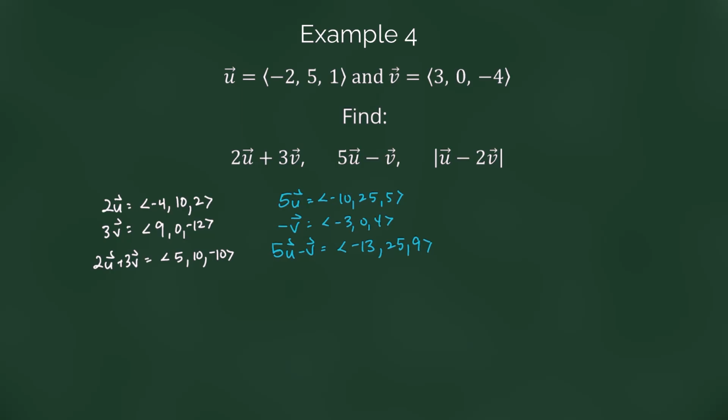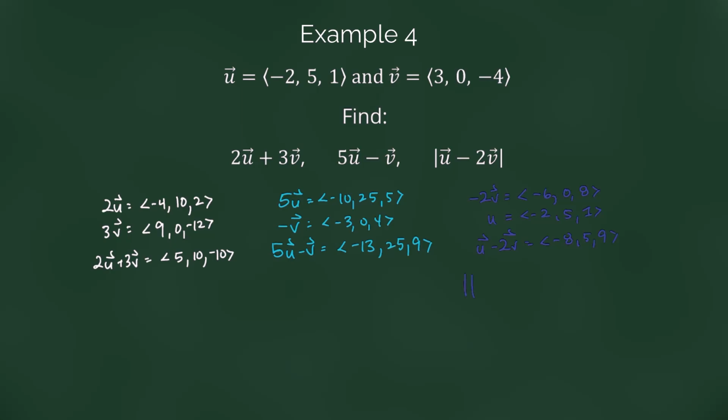Last one asks us to actually compute the magnitude of the vector u minus 2v. So minus 2v looks like negative 6, 0, 8. When we combine that with the vector u, which was negative 2, 5, 1, we get that u minus 2v is the vector negative 8, 5, 9.